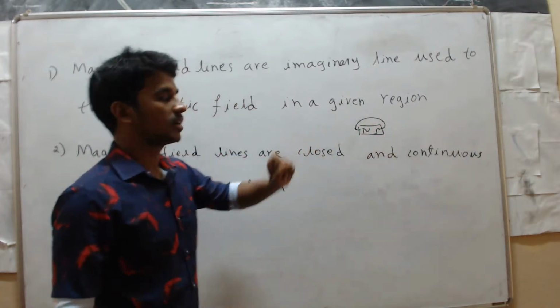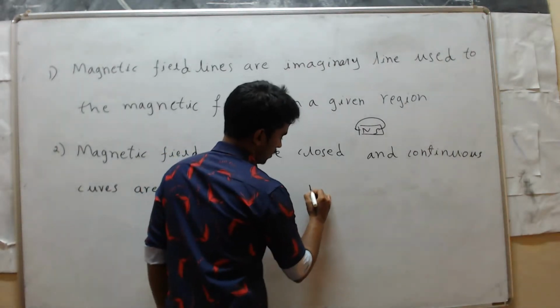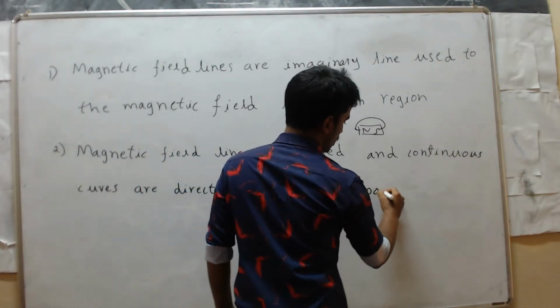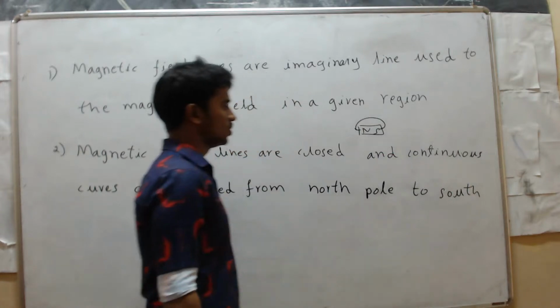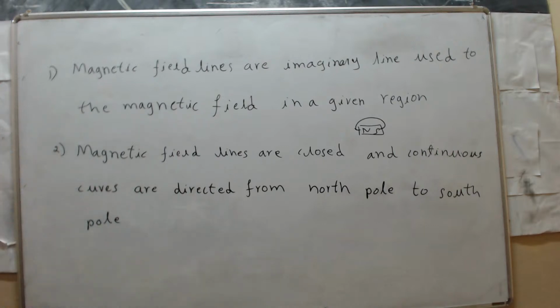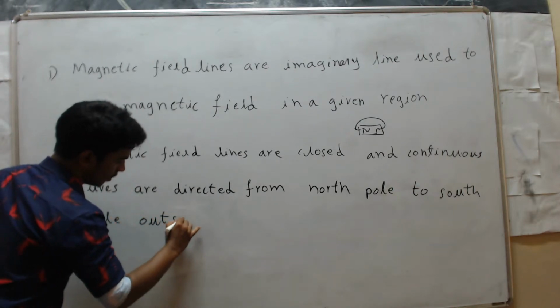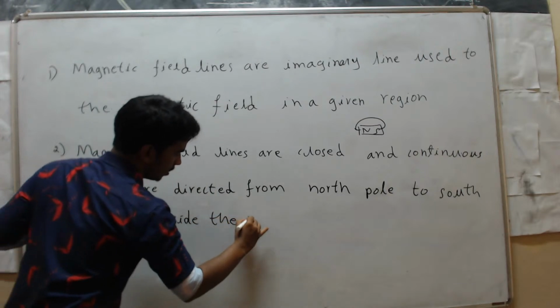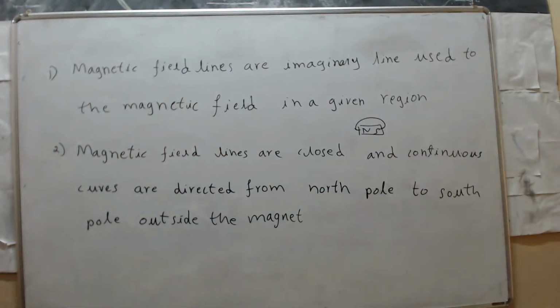So magnetic field lines are closed and continuous curves, directed from north pole to south pole outside the magnet.